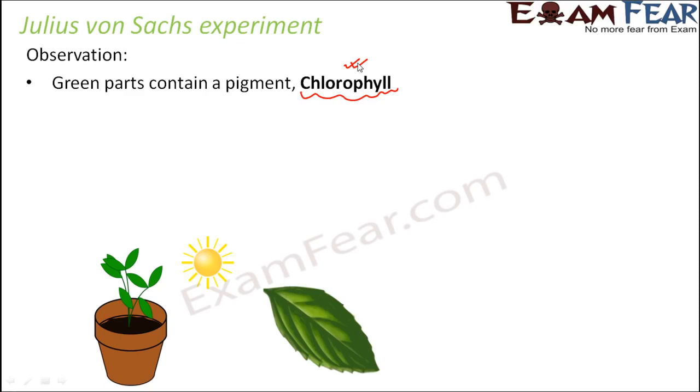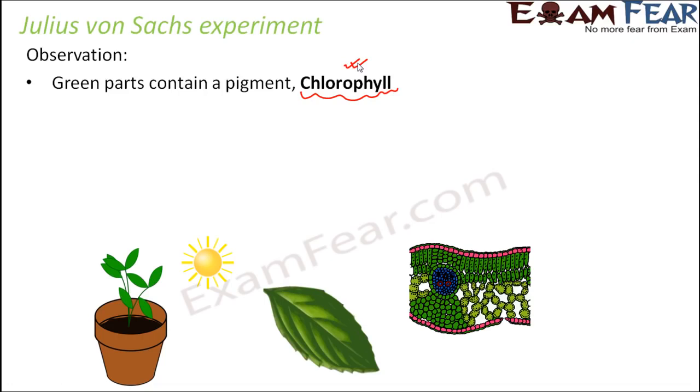Chlorophyll was a pigment present in the green part of the plant, and that is why everywhere it was seen that only the green parts release oxygen. So the significance of the green part was the presence of a pigment called chlorophyll. On studying the leaf further, it was found that this is how the cross section of a dicot leaf looks.